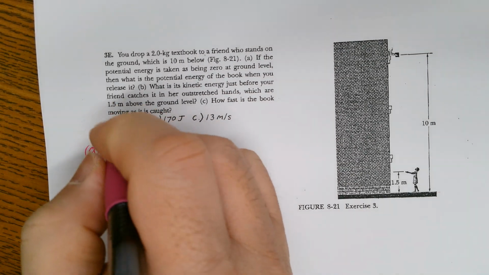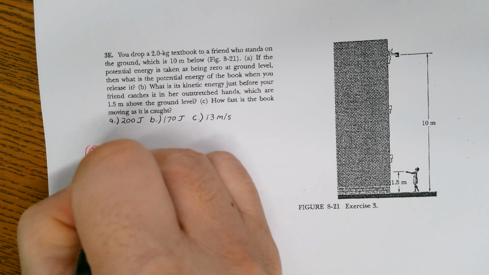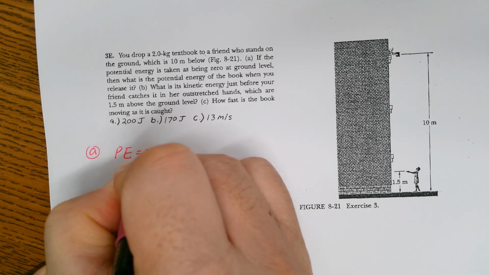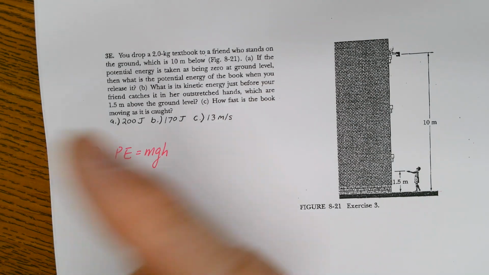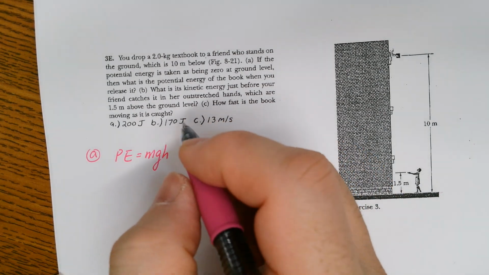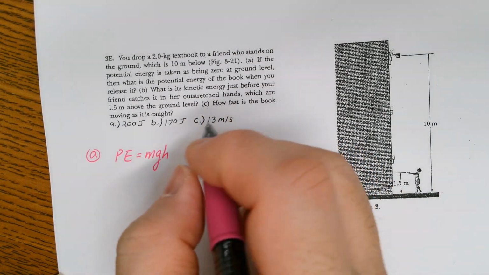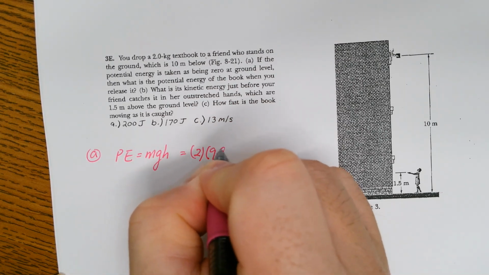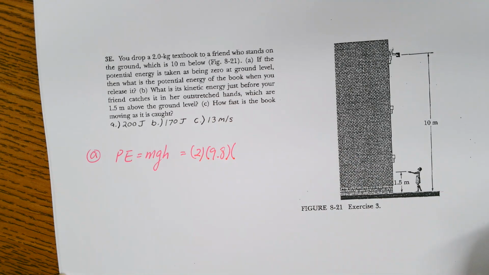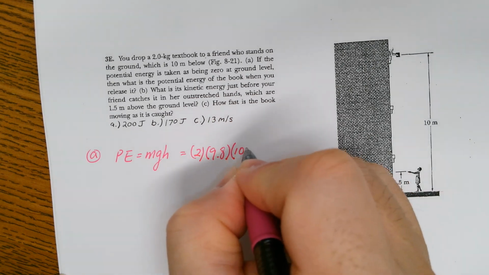it's simply potential energy is equal to mgh, right? Therefore, you have 2 times 9.8 times the height of 10 meters, right?